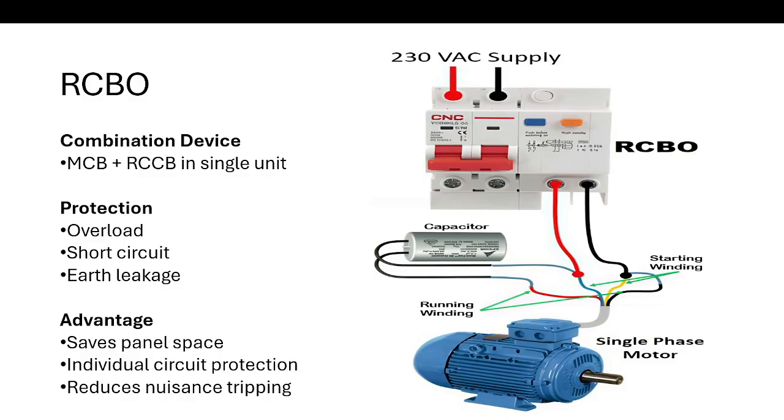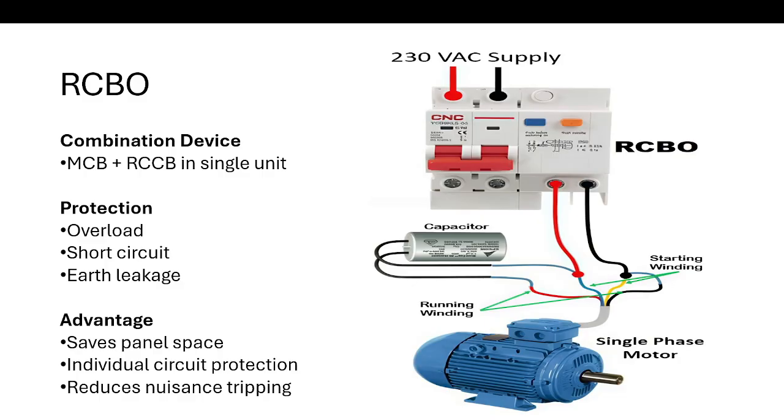But RCBO is the advanced version of RCCB. It comes as a combination of MCB and RCCB. The MCB part is used for protection against overload and short circuit, and the RCCB part is used for protection against leakage current. All in one single unit.